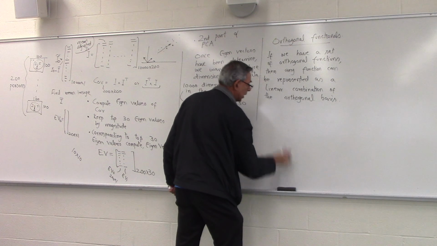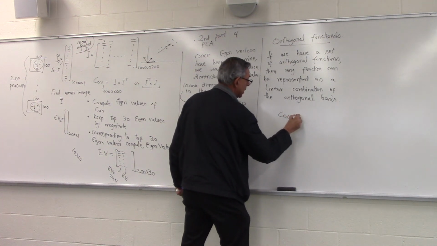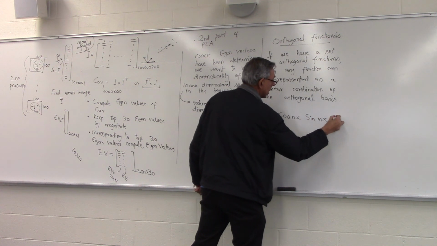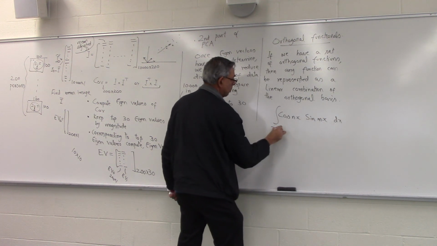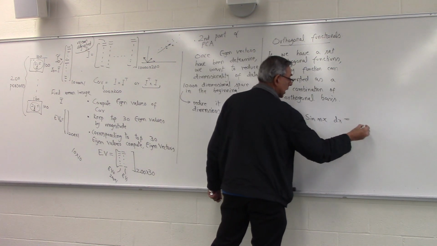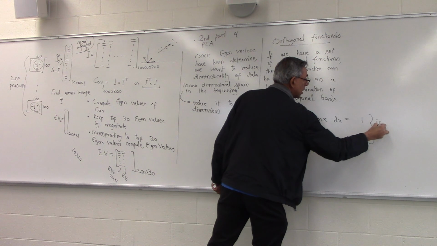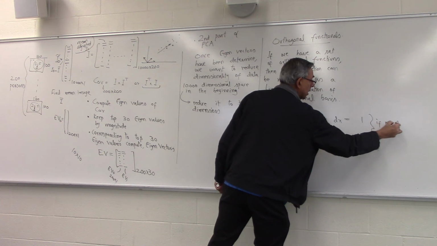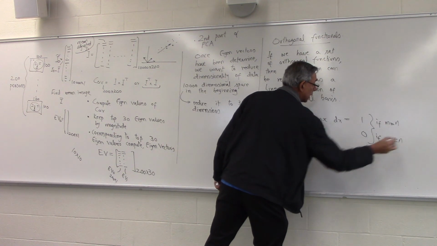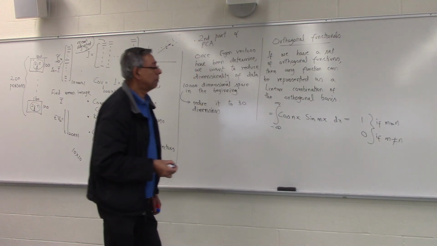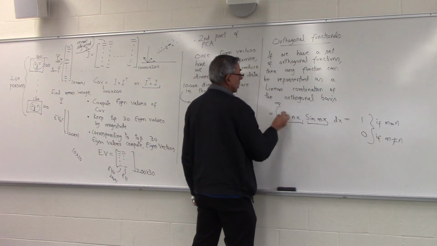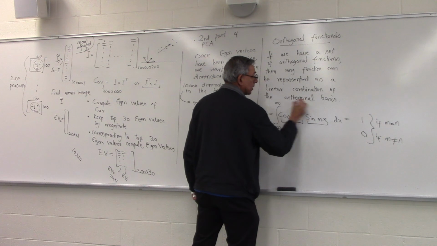As an example, if we have the integral of cosine nx times sine mx dx from minus infinity to infinity, what you will see is this produces an answer of 1 if m is equal to n, and an answer of 0 if m is not equal to n. So cosine x, sine x are our orthogonal bases over here.